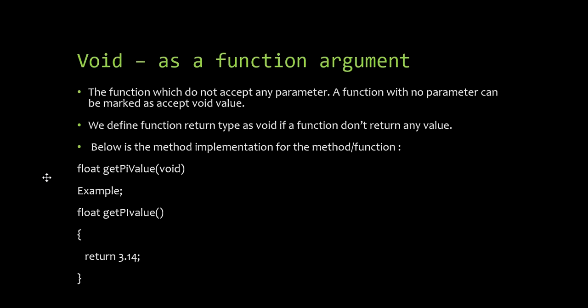So in the case where you need to simply return a value and you don't want your function to take any parameter, then you can define the function like this. And sometimes we don't even need to use the return type with a function that doesn't accept any parameter. We will directly use that value.